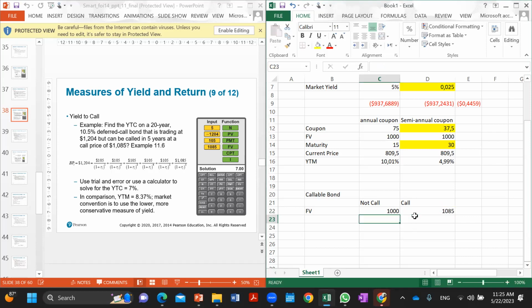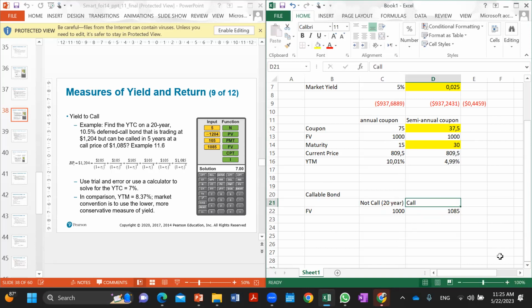Not called means that they will keep holding it until 20 years. But when they call it, this is only 5. So maturity, this is 20, this is 5.